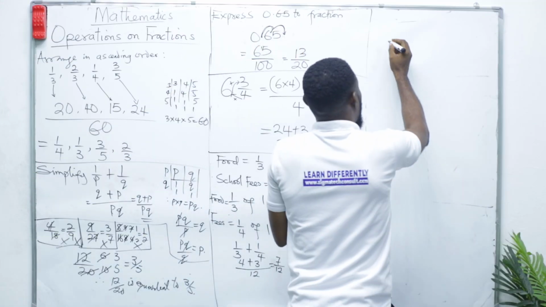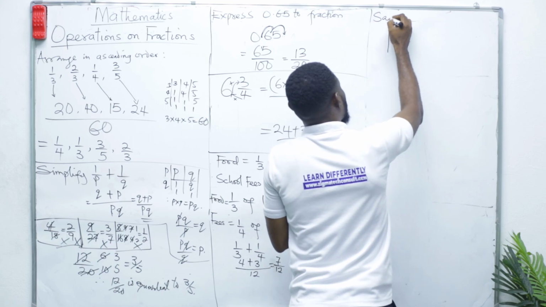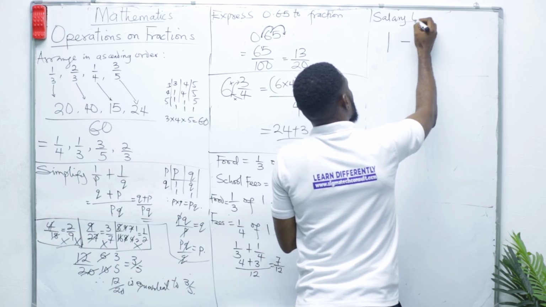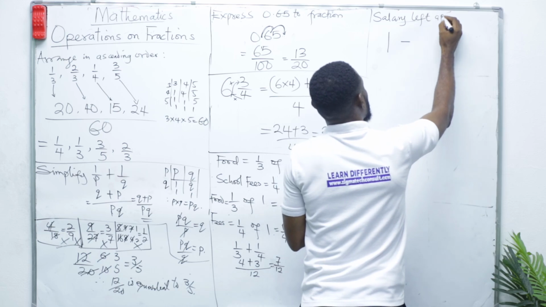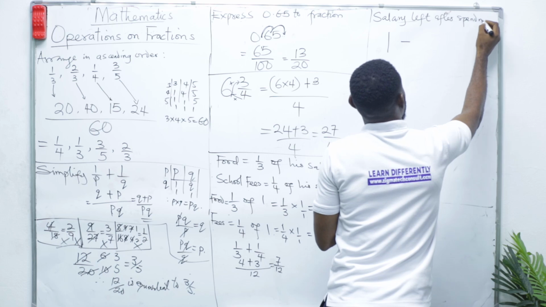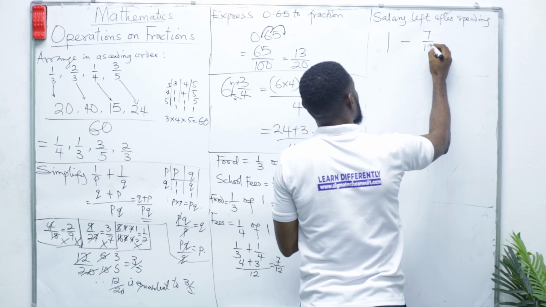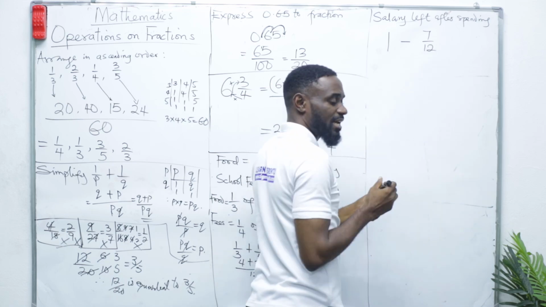So this will now be 1 minus 7/12, the salary left after spending. Do you understand that now?